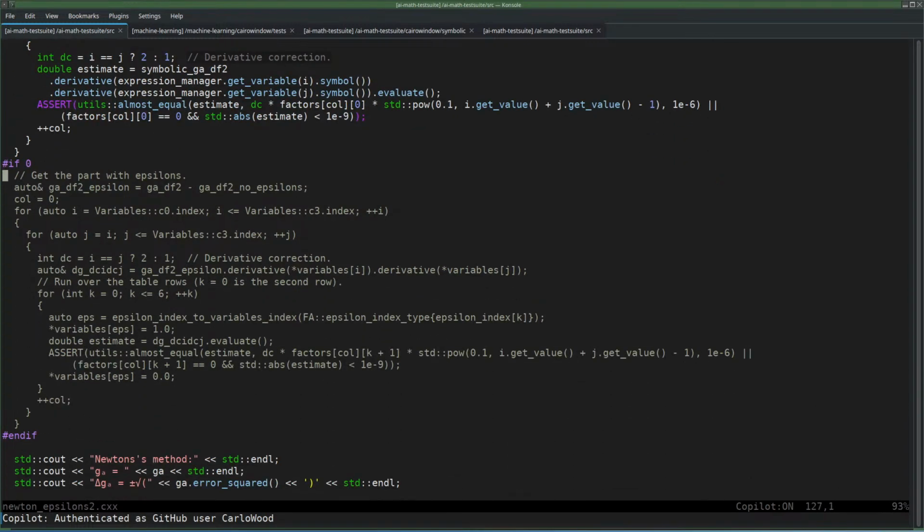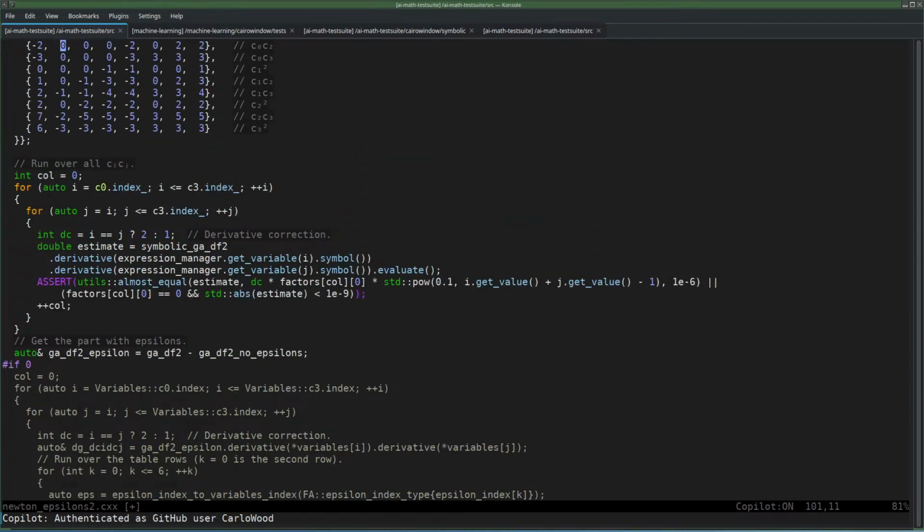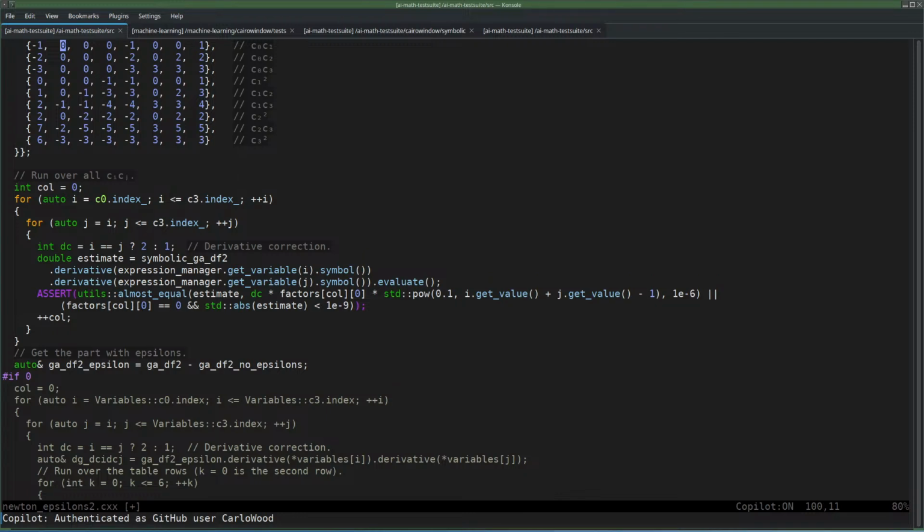Get the part with epsilons. Guess this is also symbolic. Okay, epsilon, yeah, to take the derivative. So I need something symbolic. What I'm doing there, the GADF2 of mine is the one without epsilons. So what then is left is just the epsilon part.